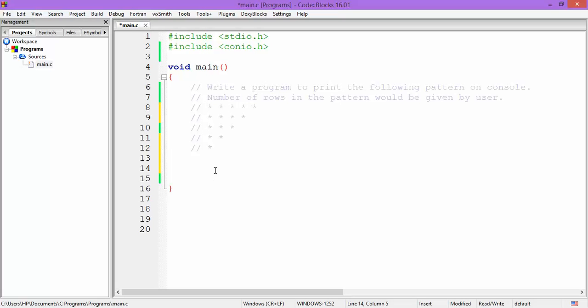So let us write this pattern here. 0th row, if 0 is the row number, then the asterisks contained within the row would be equal to n. Now the first row would contain one less than the previous row, that is, it would contain n minus 1 asterisks.